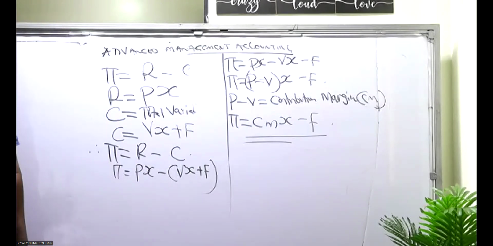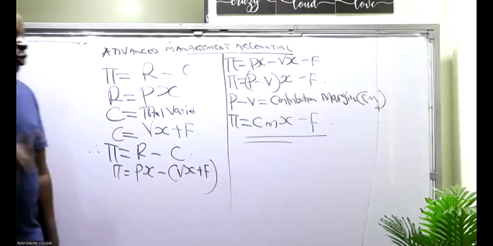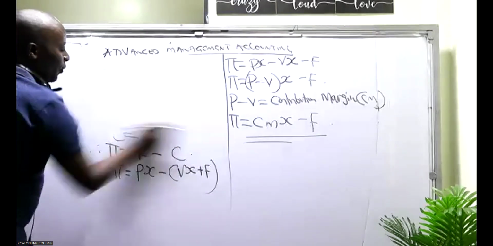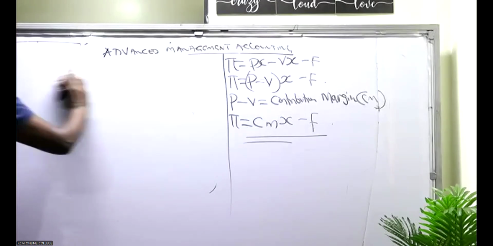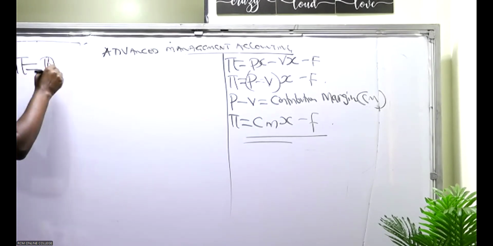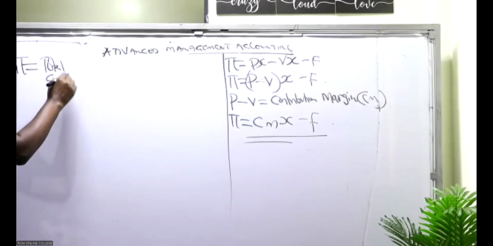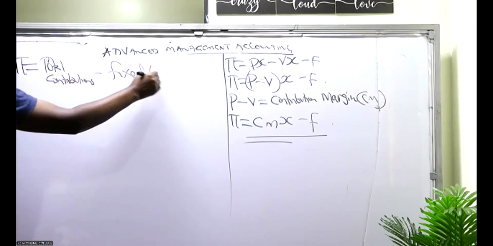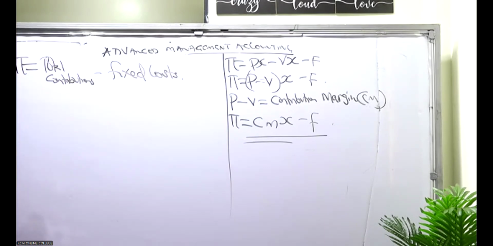So it had to end here, where our profit is total contributions minus fixed cost. So anytime, ladies and gentlemen, we hear about profits of an organization, profit will be equal to total contributions minus the fixed cost.